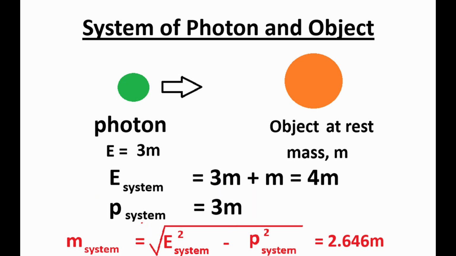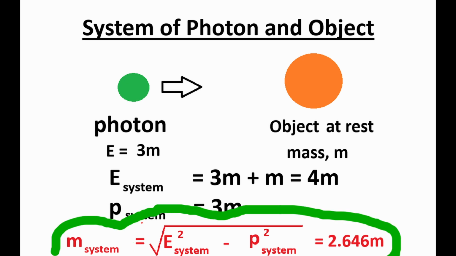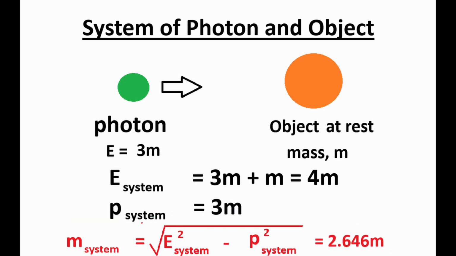We can then calculate the mass of the system as equal to the square root of the square of the system energy minus the square of the system momentum, which results in a value of 2.646 m. Even though the system only contains one body with mass, the presence of the photon in the system yields a total system mass equal to over 2.5 times that of the body mass.